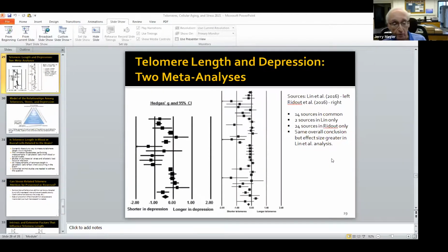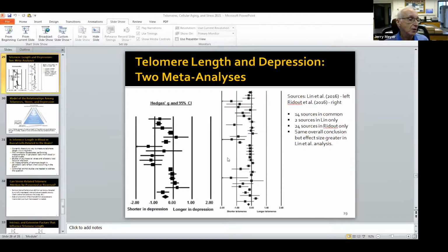So now we're back to a couple of meta-analyses looking specifically at depression, since the review had indicated that there was a relationship between depression and telomere length. This is a little bit interesting because both of these reviews and meta-analyses were published in the same year. They did have 14 sources in common.